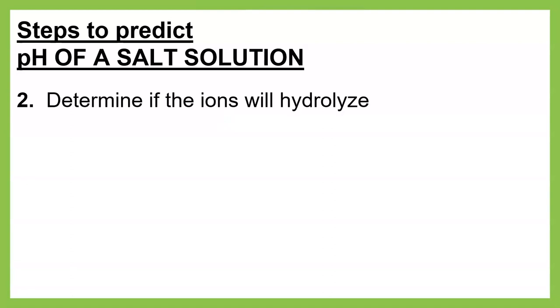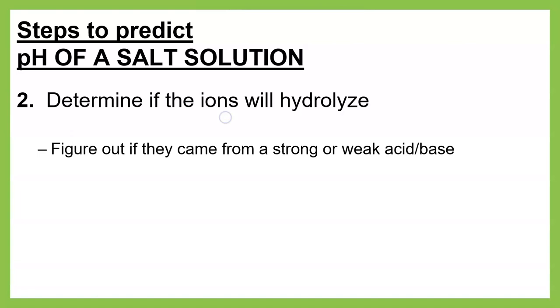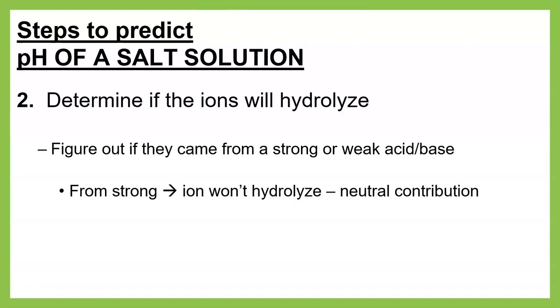Then you have to figure out if those ions are going to hydrolyze. So if they came from something strong, then the equilibrium is going to want to lay towards the dissociated side, which means that it's not going to go around trying to hydrolyze. So you'll just get a neutral contribution. It won't affect the pH.